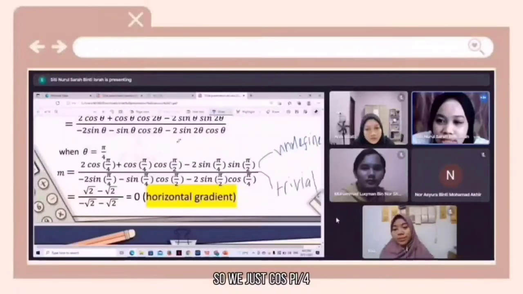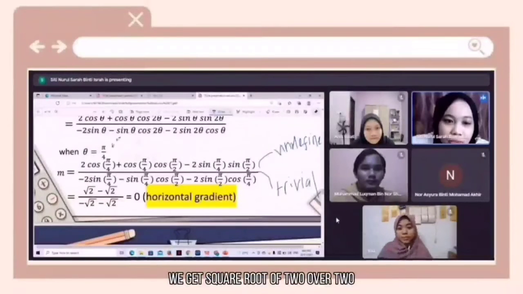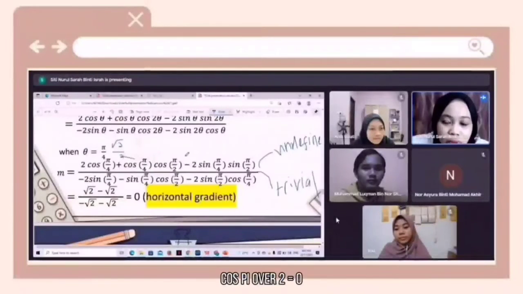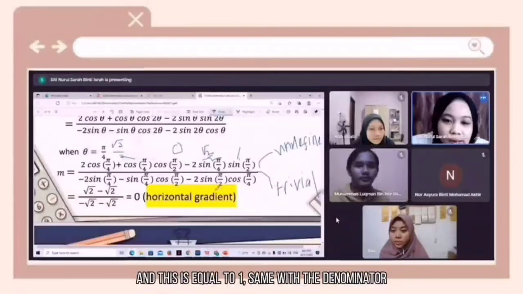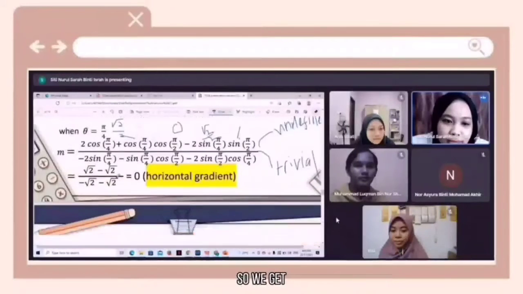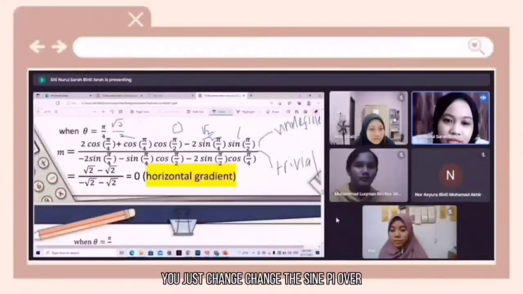I just list a few trivial identities. Cos pi over 4 gives square root of 2 over 2. Cos pi over 2 equal to 0. This and this equal to 1. The denominator is the same as the numerator, so you just change the sign for pi over 4 like this.